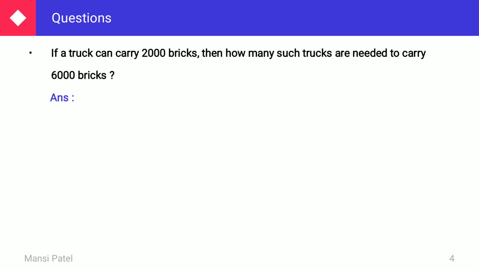Here, what you have to find out? You have to find out the number of trucks. So here, instead of the number of bricks, you have to write down the number of trucks.